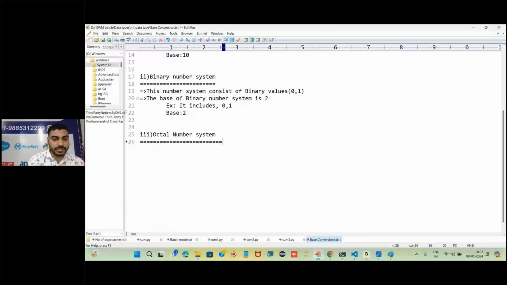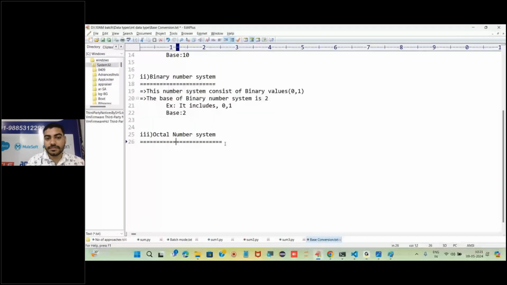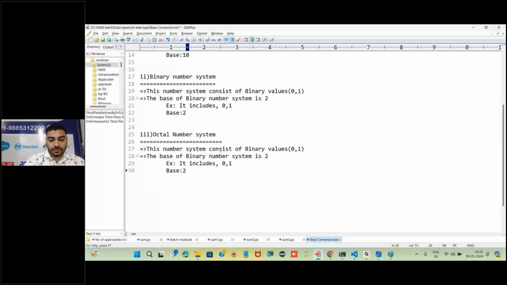I will paste it here. This number system consists of 0, 1, 2, 3, 4, 5, 6, 7. This number system consists of values 0 to 7; 8 is excluded.